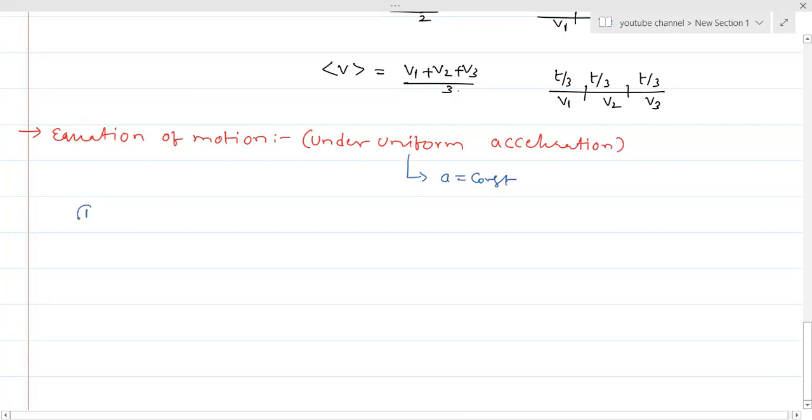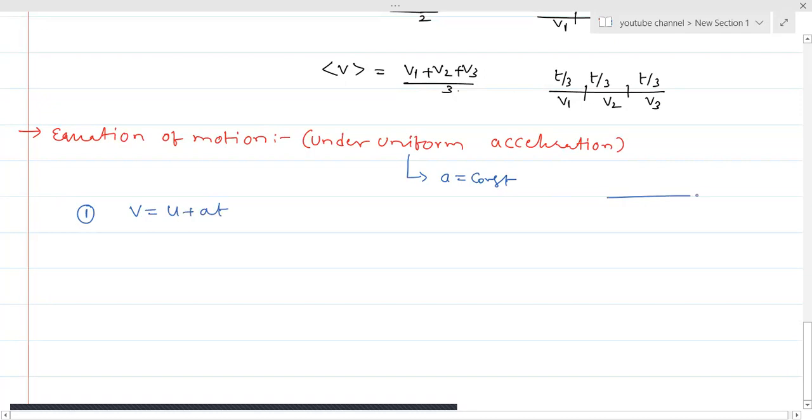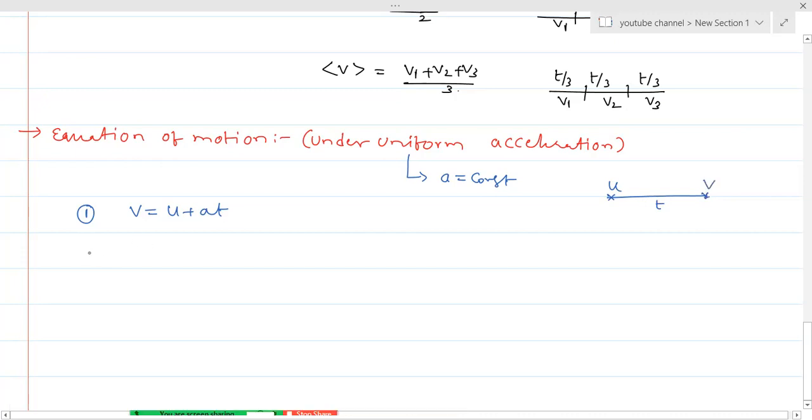So we have v equals u plus at. For example, if the body starts its journey with speed u, after time t it gains speed v. Then v equals u plus at.